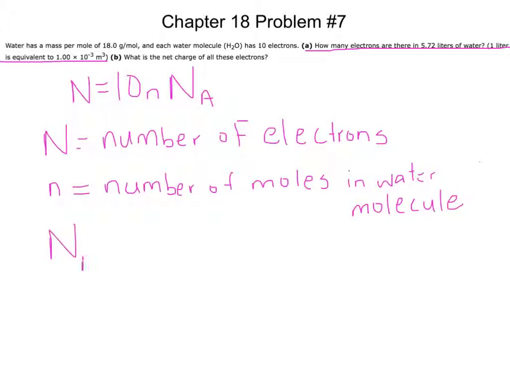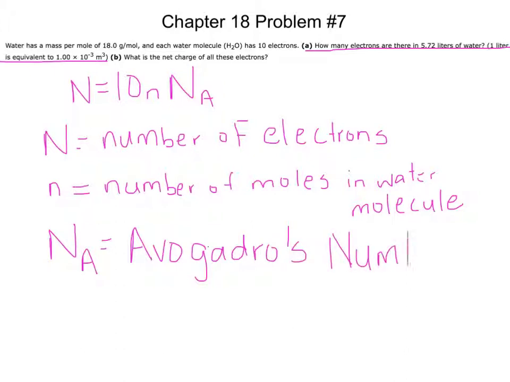NA represents Avogadro's number, and this is given.